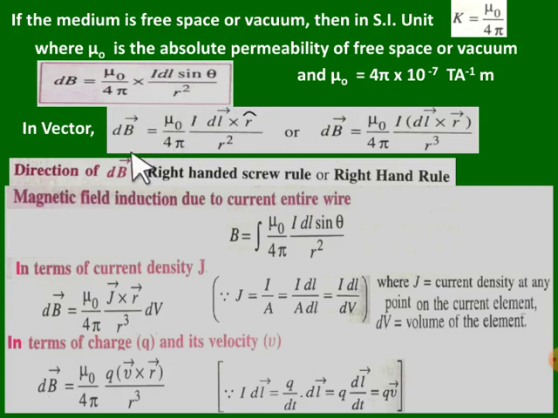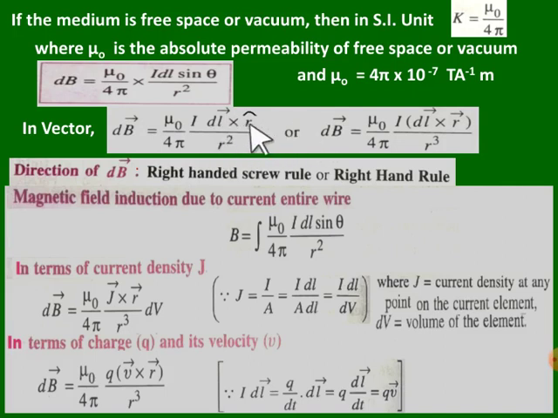Got it? Now you can also write this in vector form. Why? Because your magnetic field is a vector quantity, so we can write it in the form of a vector also. To write this magnitude in terms of vector, we need to put an arrow above this magnetic field dB. So dB vector is equal to mu naught by 4 pi I dl vector cross r cap, where r cap is the unit vector along the direction of the position vector r, divided by r square.